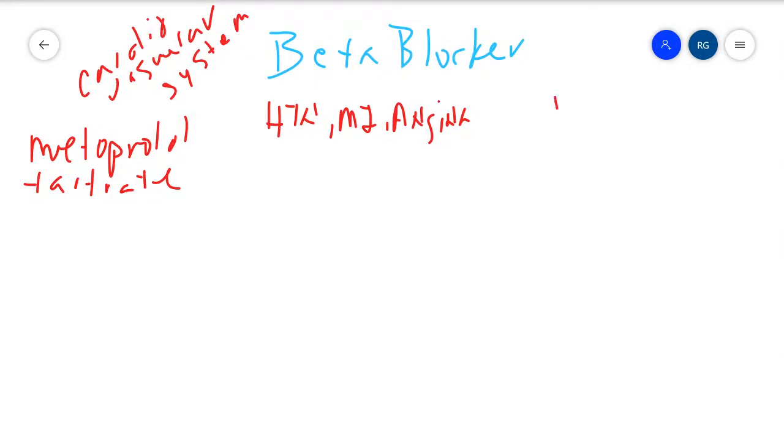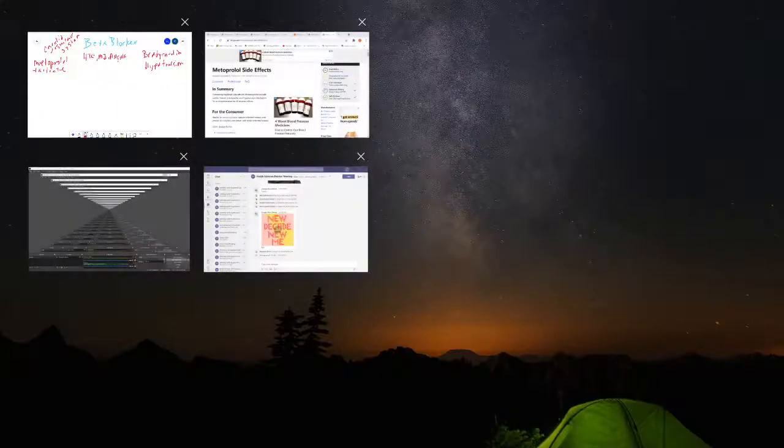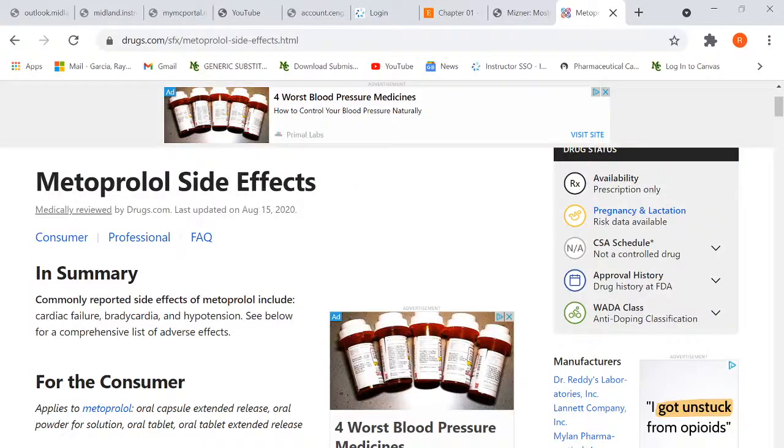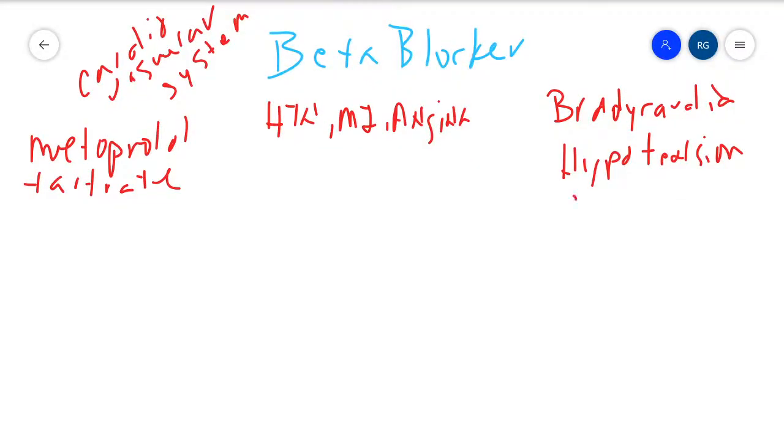So bradycardia, hypotension, and the last one was the first one, cardiac failure.